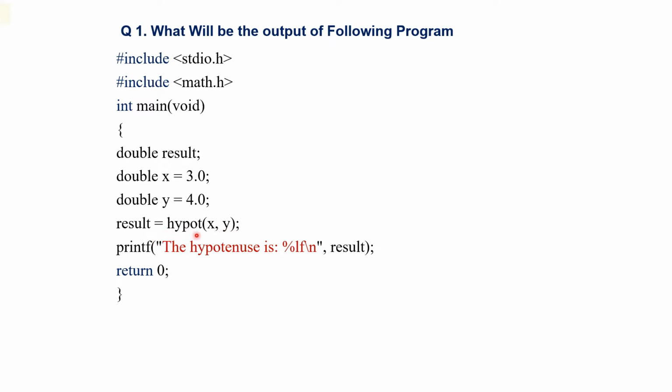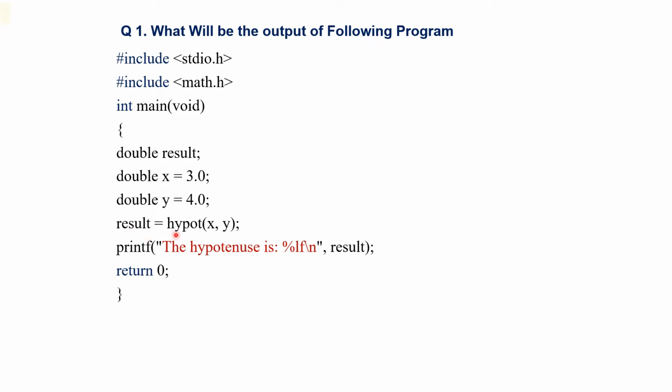The hypot function is used to calculate the length of the hypotenuse of a right angled triangle if the two sides are given. Here the two arguments of the hypot function are the sides of the right angle triangle. So the hypot function will calculate the length of the hypotenuse, and the value will be returned and stored in variable result.